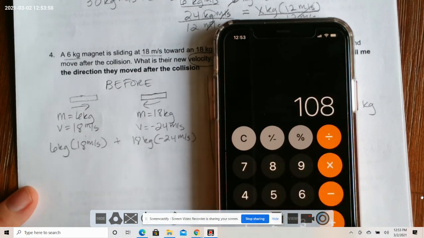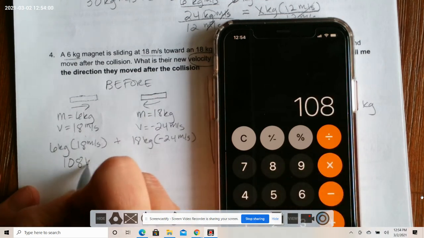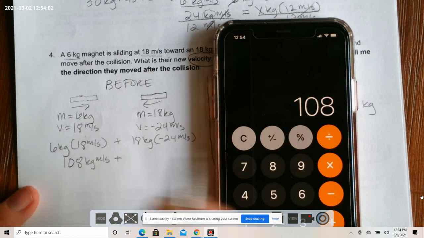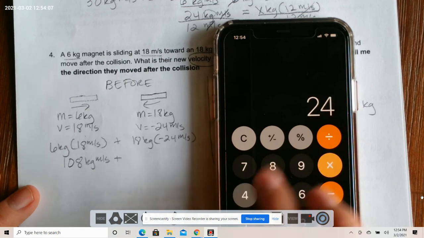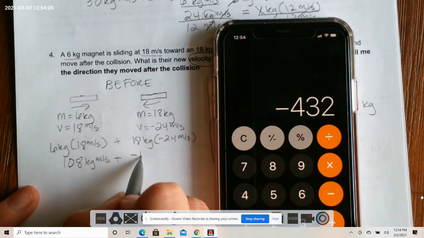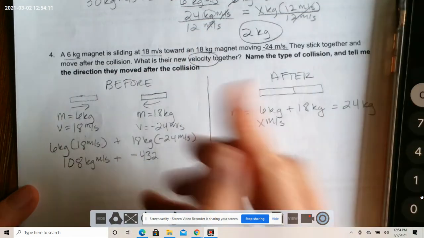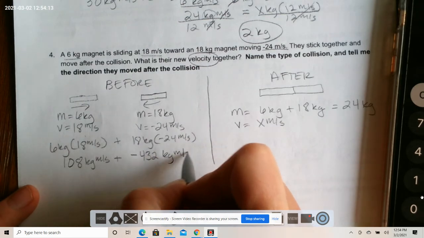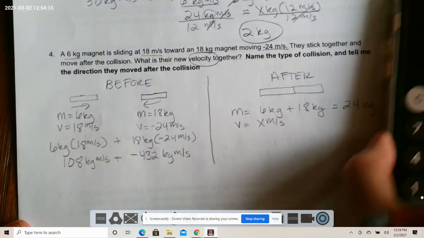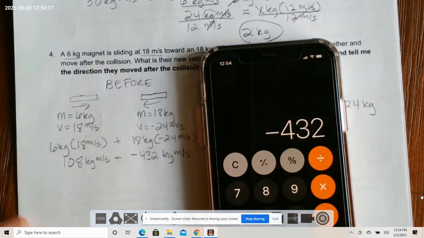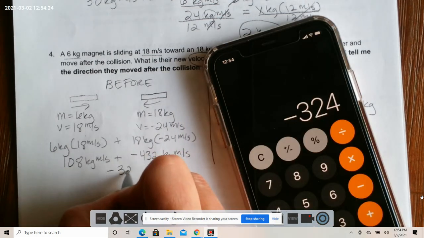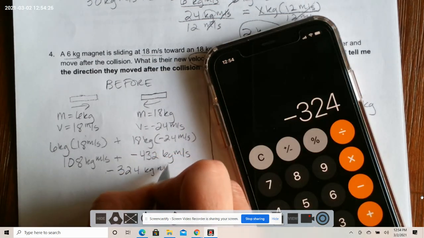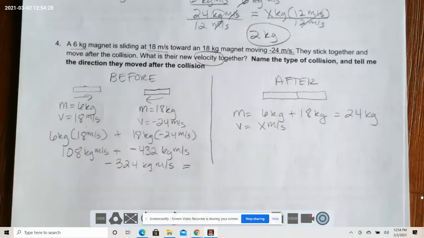And that's 108 kilograms meters per second plus 18 times negative 24 equals negative 432 kilograms meters per second. So now I can add those together. So I already have negative 432 plugged in, so I'm just going to say plus 108 equals negative 324 kilograms meters per second. So that's the before.